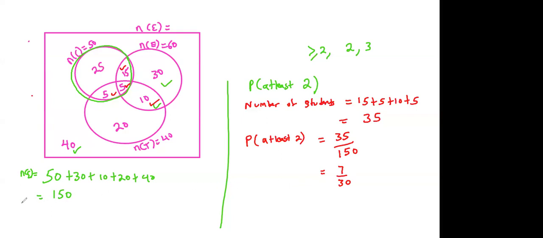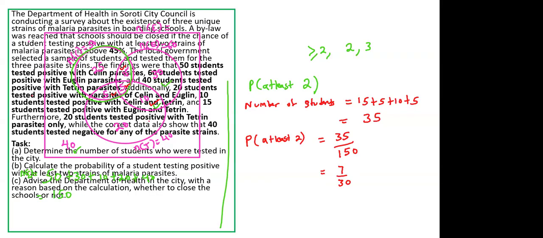But when we go back to the question, they told us about testing with at least 2 strains. But when you look at the question here, the question should guide you. You are noticing they were using percentages, and the condition was that testing with at least 2 strains of malaria is above 45.